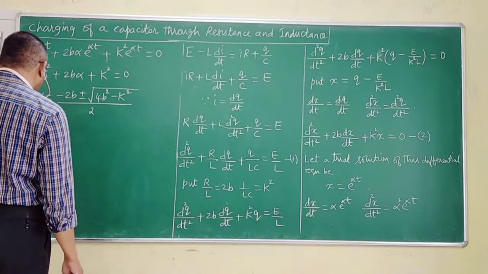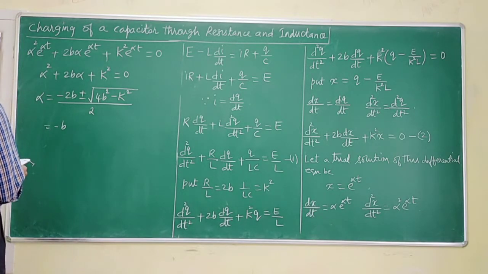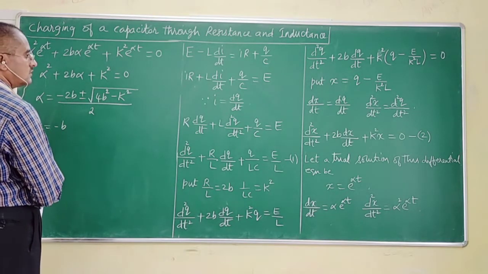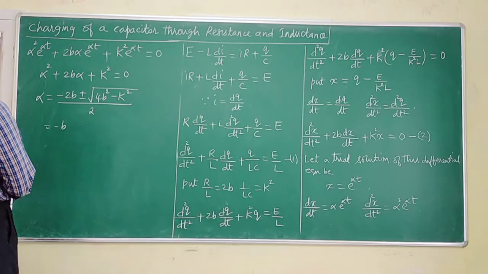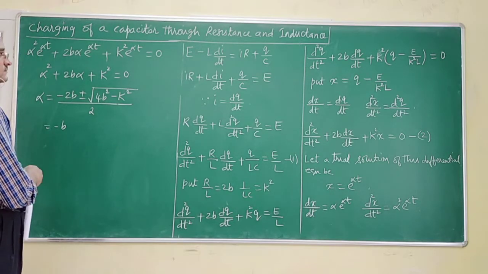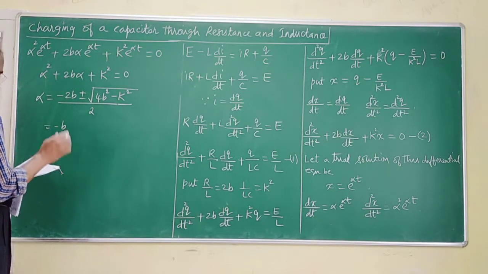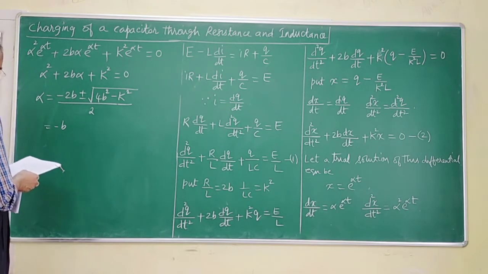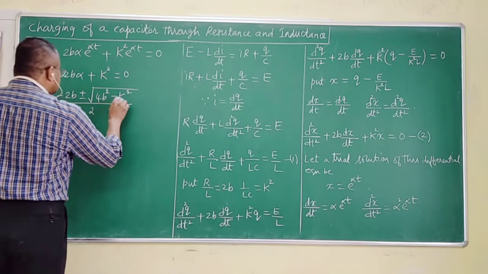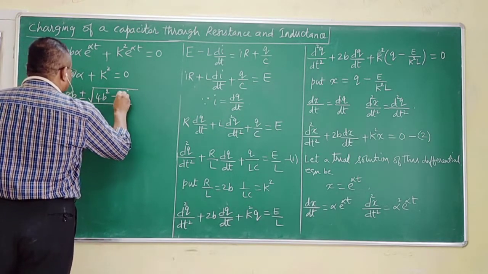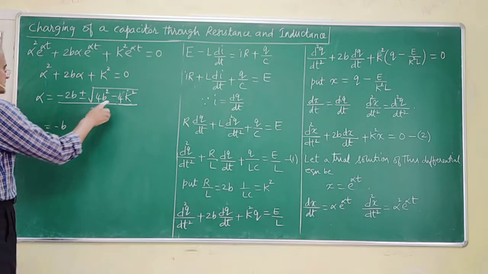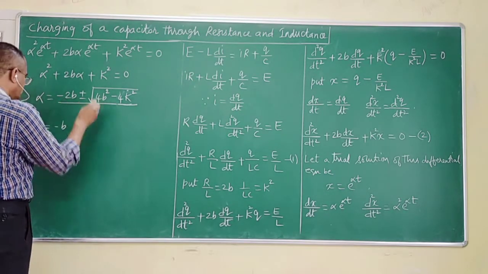Okay, therefore there is a 4 here. And this 4, if taken out, will be 2, and the 2 will go off.